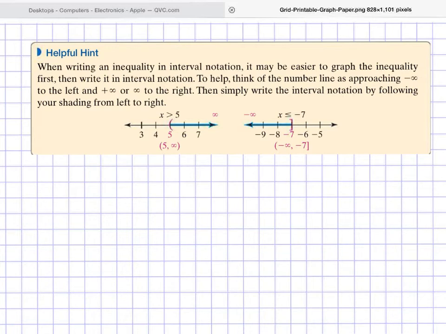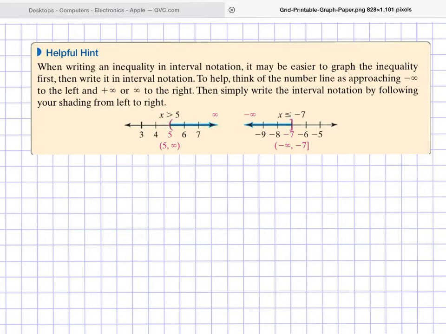Like here, we have x is less than or equal to -7. That equal sign means you have to include -7, and that's why we have a bracket right here, because we're including -7. In old days, you would have used a closed circle.